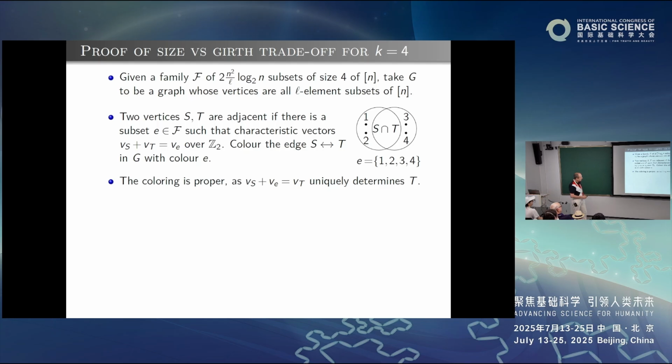Now the only thing that remains is to use this lemma which I mentioned. Let's count how many vertices and edges this graph has. The number of vertices in my graph, which I denote by capital N, is n choose L, because I take all L-element subsets of n. Now, how many edges does it have? To get an edge, I first pick L minus 2 elements, which is the intersection, and I add to it the elements of the 4-tuple.